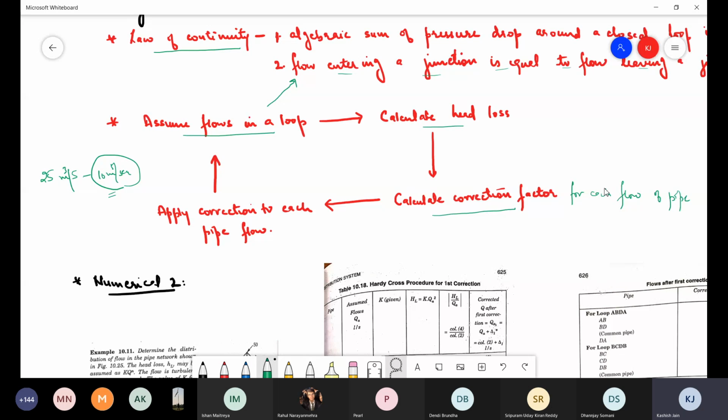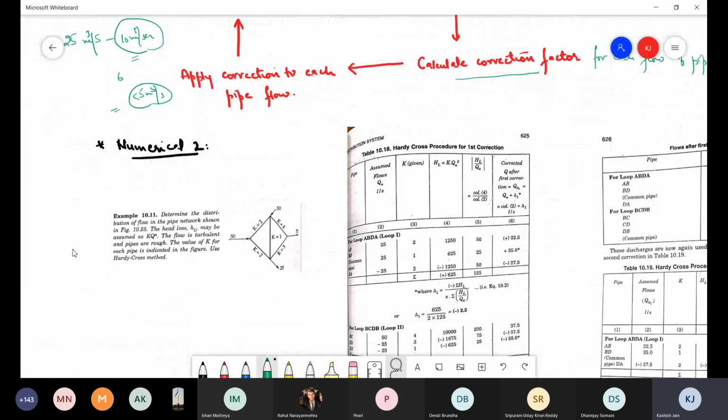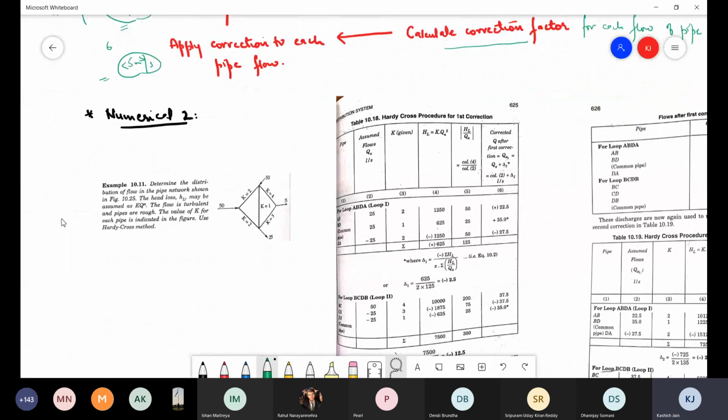If it is again, let's say maybe 6, then you perform another iteration, and once the correction flow is less than 5 meter cube per second, then you stop, and this is repeated for all the different loops which exist in the pipe distribution network. So we will start with it. Now this particular thing is only to determine the flows within each pipe system.